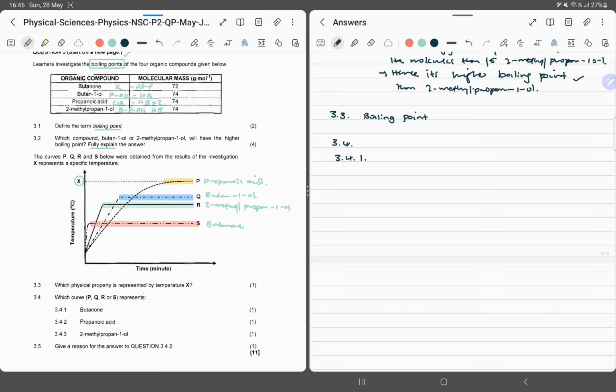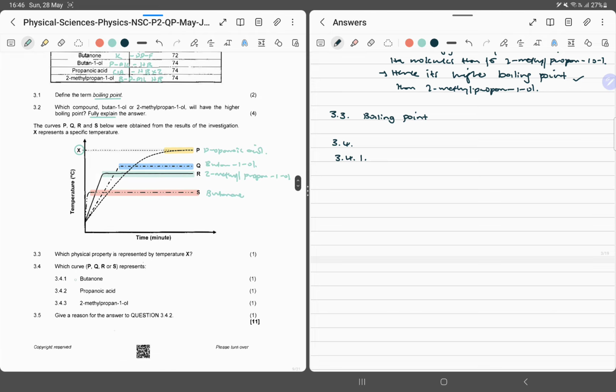Okay, so easy. So we saw butanol is going to be curve S. So that is S. 3.4.2. For propanoic acid, it's going to be P. So 3.4.3 is this one. It's curve R. Okay, we can see that.